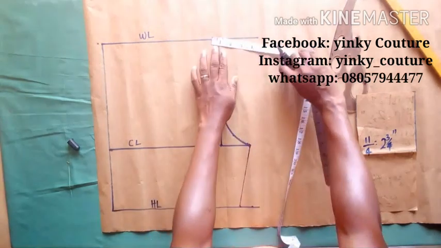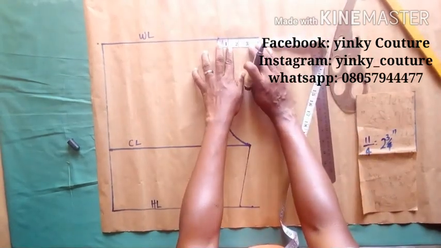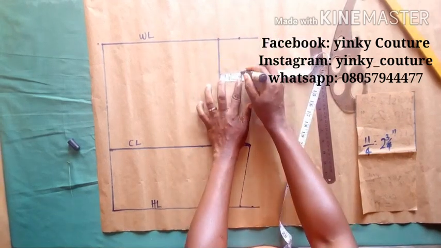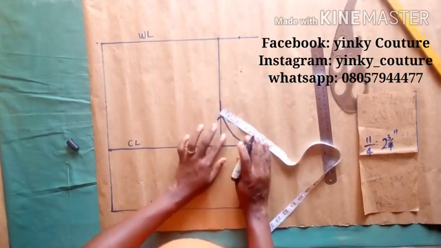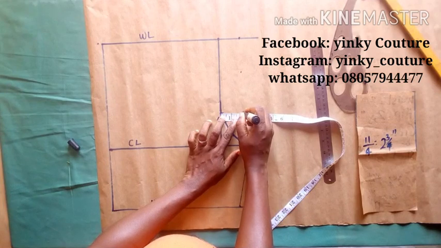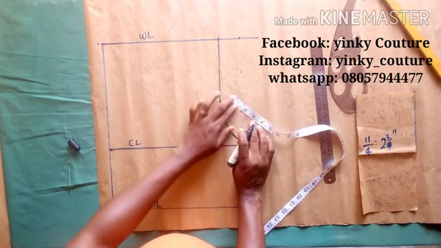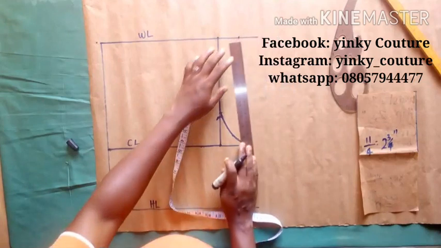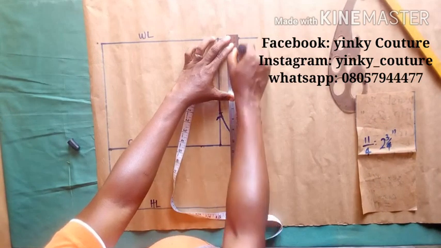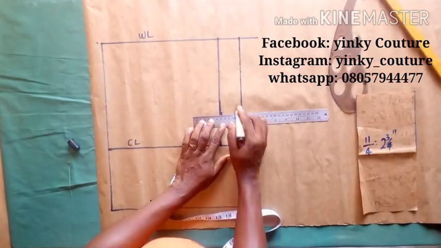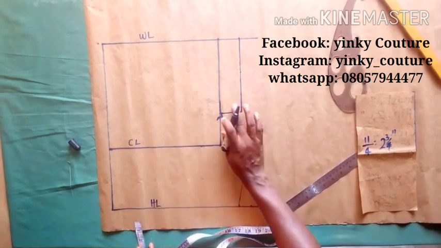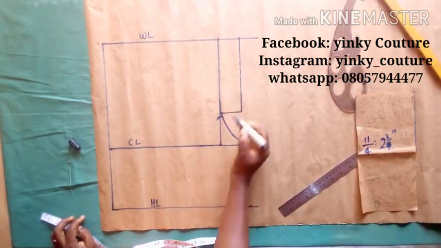So after that, I'll mark another 2 inches from the center front, 2 inches to go and meet the 7 inches. Then I'm going to connect the lines together, like so. So I have my front fly.